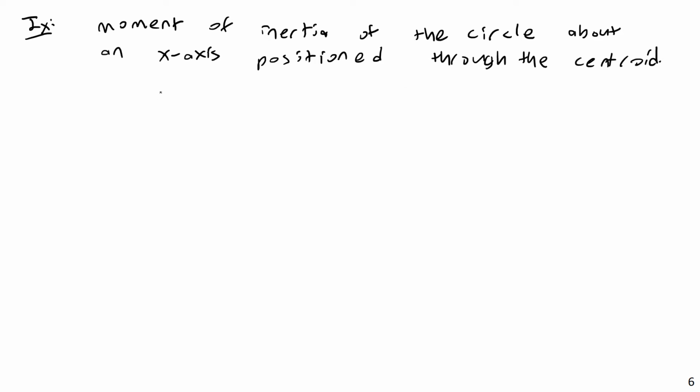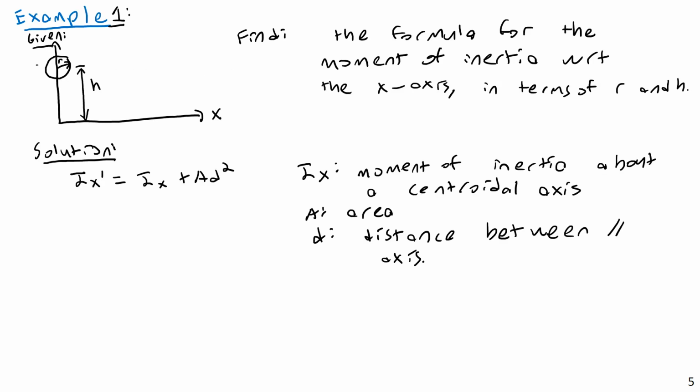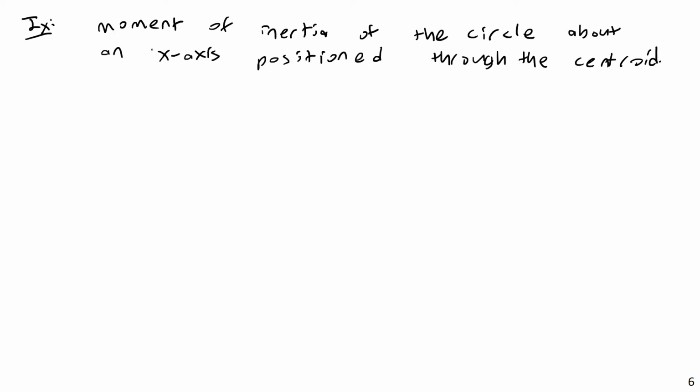So basically, I'm going to look at it as if I had an x-axis up here. I'm going to calculate the moment of inertia of this thing with an axis passing through the center of the circle. Now, let's consider this for a moment.